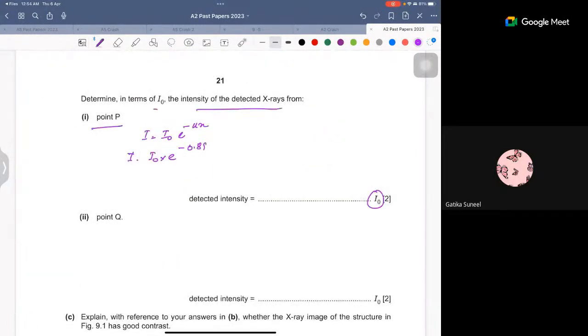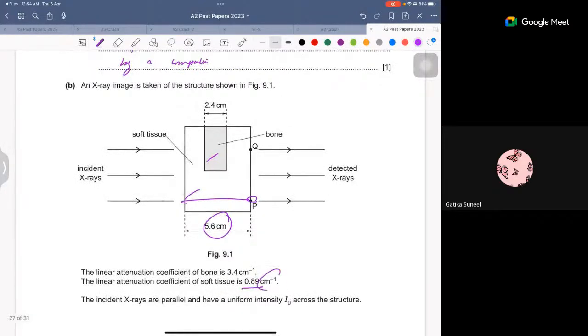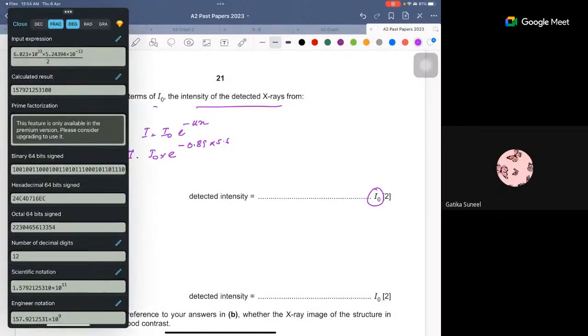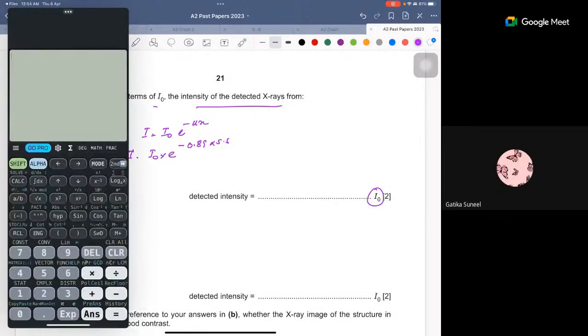I also need to check whether it's in centimeters or not. It's in centimeters, so I don't need to convert this. If this was in meters, then you would have to convert the other thing. So it's e to the minus 0.89 times 5.6, and that's going to be 0.0068.